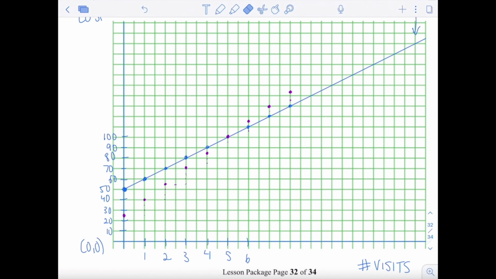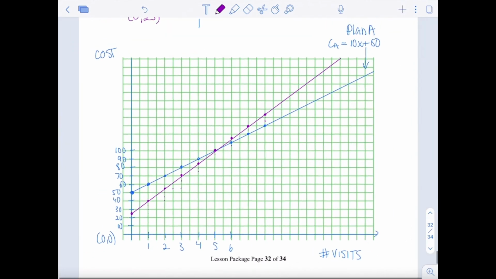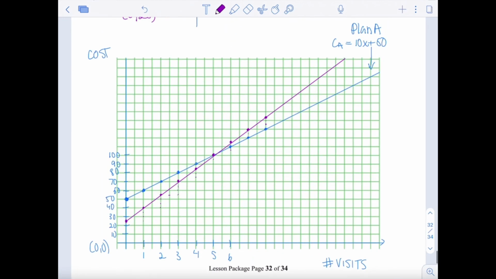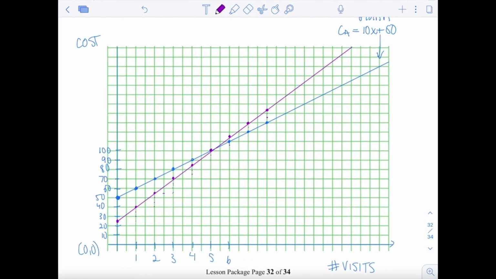All right. And notice how I didn't notice that something was off until I tried to join it with the ruler. So ruler is good. All right, so I can see here that there is a point of intersection, which is really what I'm trying to get at here.